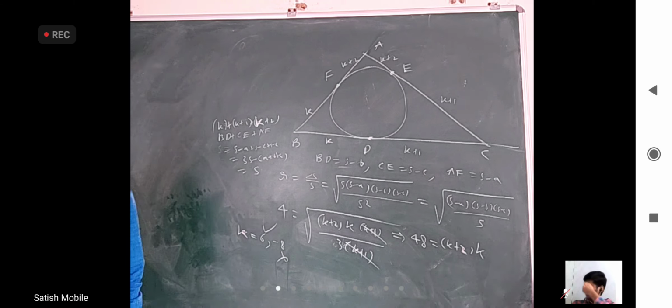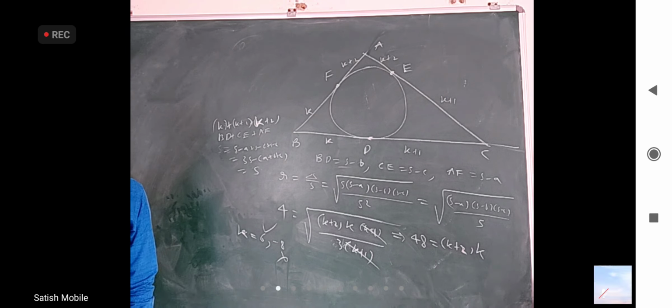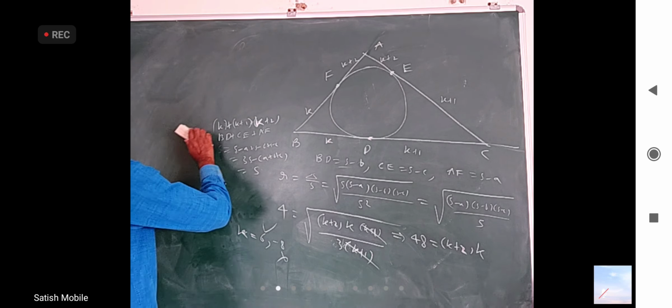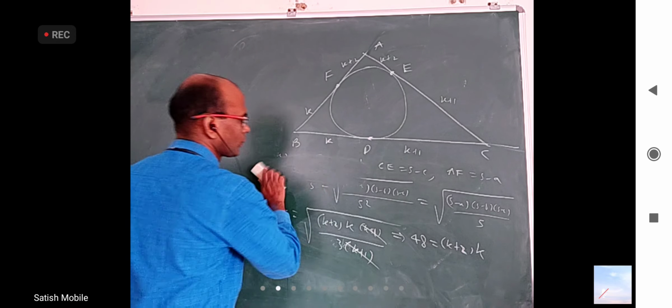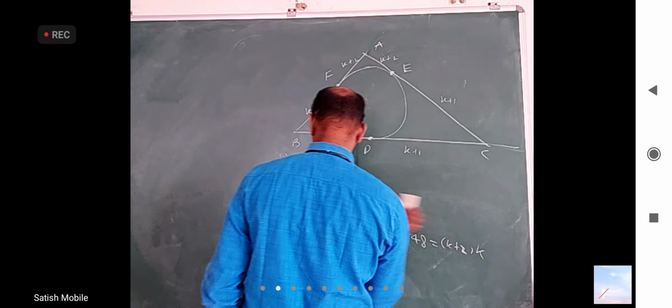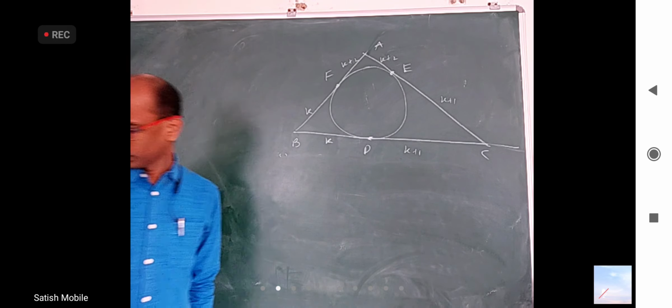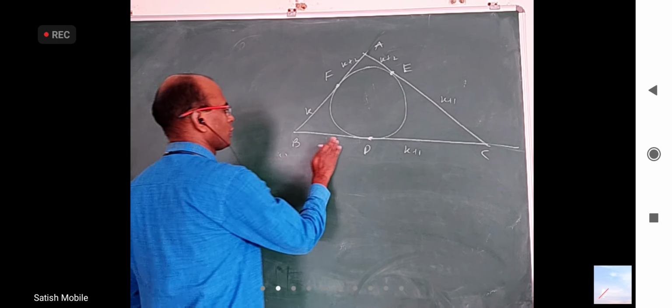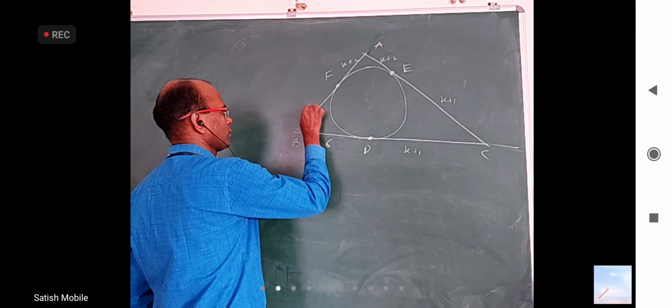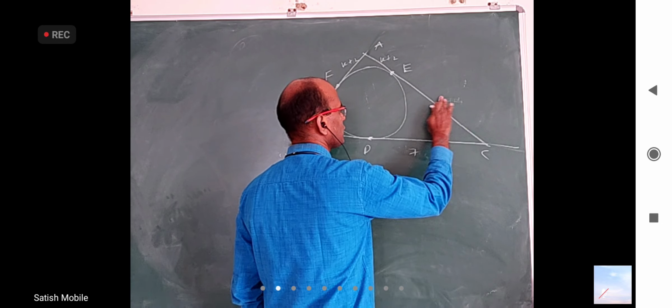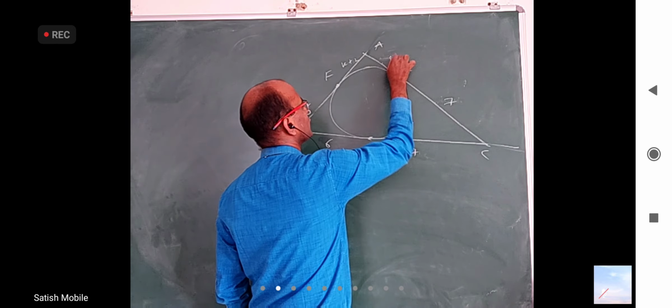Okay, everybody clear up to here? Okay, we got 6 here, 6 here, 7 here, 7 here, 8 here, 8 here.